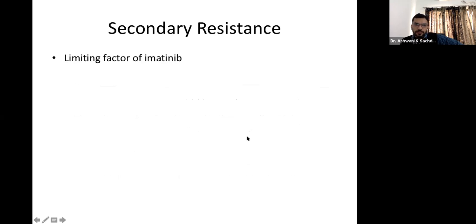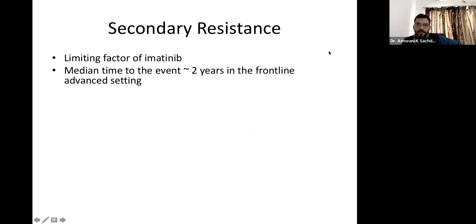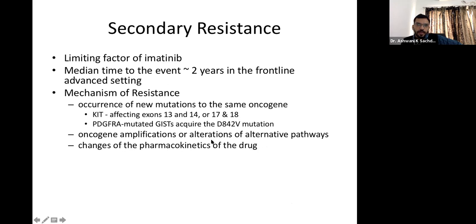So secondary resistance is the limiting factor of imatinib, and mean time to development of secondary resistance is about 2 years. Various mechanisms of resistance are: there can be occurrence of new mutation in the same oncogene, that is in KIT. If there had been previously exon 9 or 11 mutation, they develop exon 13, 14, 17 or 18 mutation.